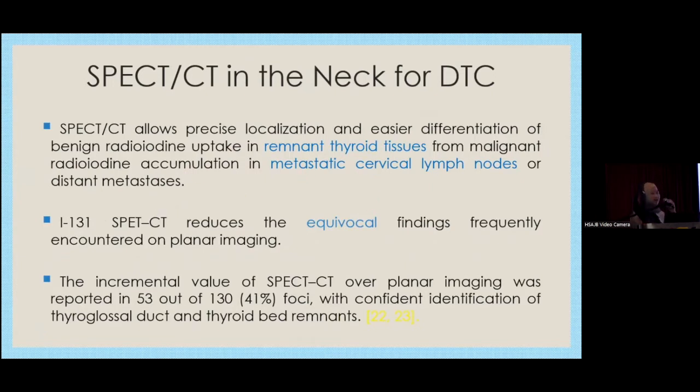And iodine SPECT-CT reduces the equivocal findings frequently encountered on planar imaging. Based on this, we can see that there is an incremental value of SPECT-CT, about 41% compared to planar imaging, in differentiating thyroid remnant and also thyroglossal duct.